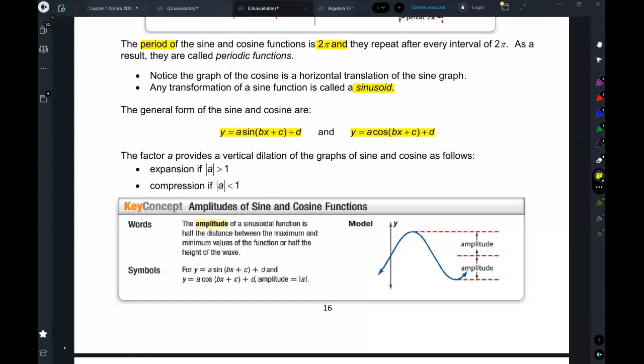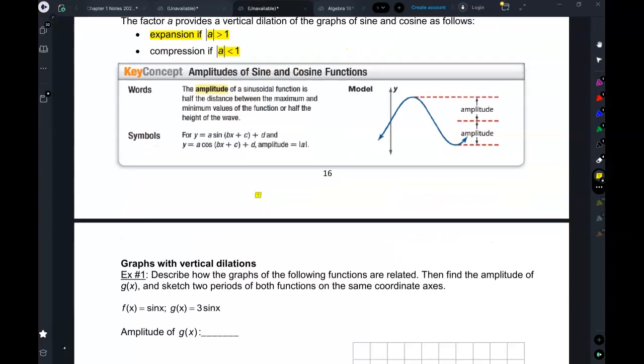First of all, this factor A is what we call the amplitude. If the absolute value of A is greater than 1, it's an expansion. If the absolute value of A is less than 1, it's a compression. In the world of trig, it's also called amplitude.